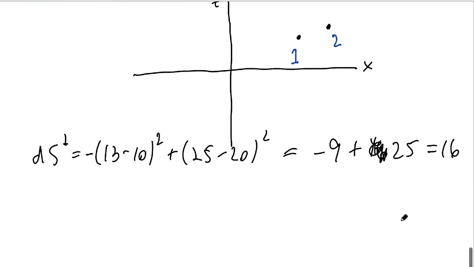So what does that tell us? First of all, since ds squared is positive, it tells us that these two events are space-like separated.